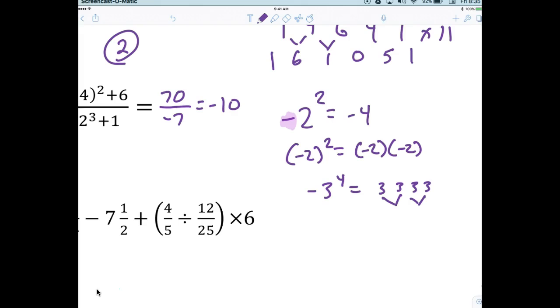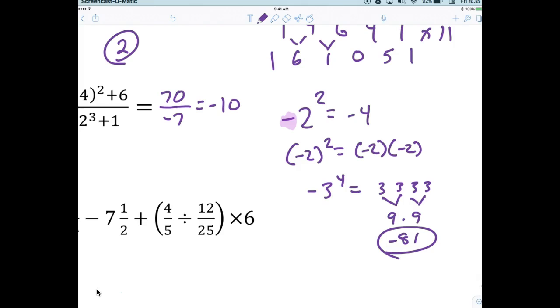It's much easier to do it that way. 3 times 3 is 9. 3 times 3 is 9. 9 times 9 is 81. It's much easier to do 9 times 9 than it is to do 27 times 3, even though they're exactly the same. So now my answer is negative 81.